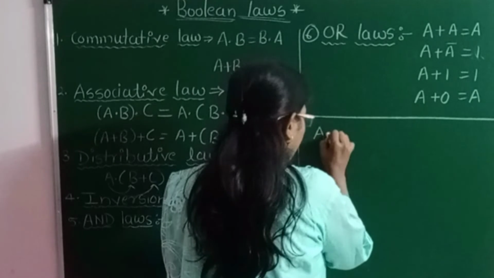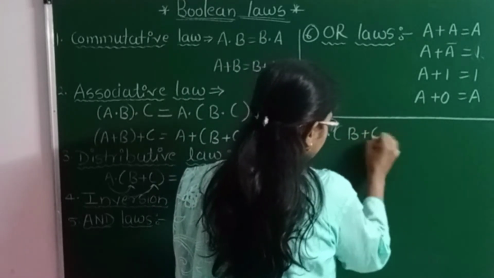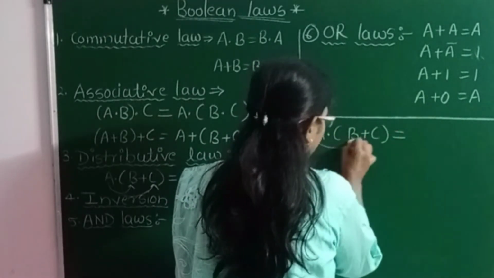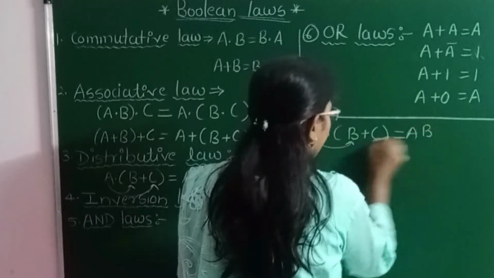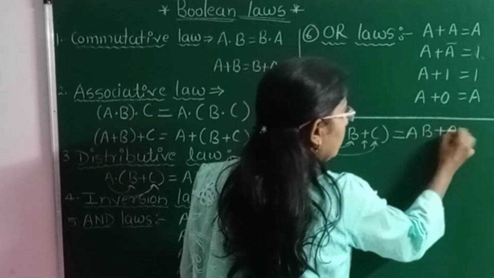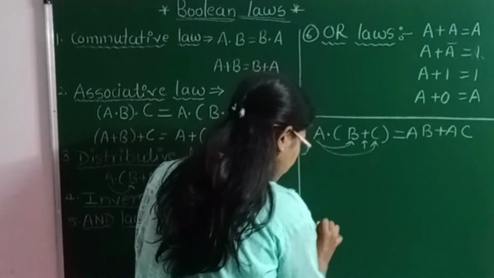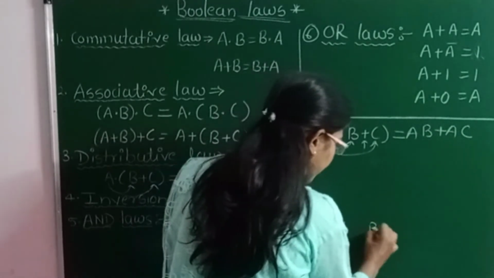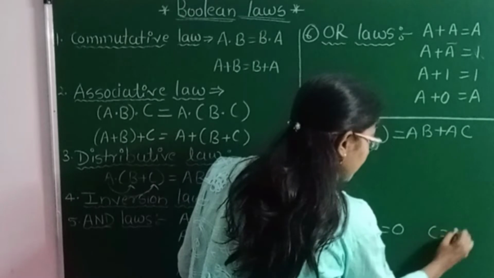A into B plus C equal to A into B. Write this plus operator here. Then A into C. Consider the values of A 1, B 0 and C 1.